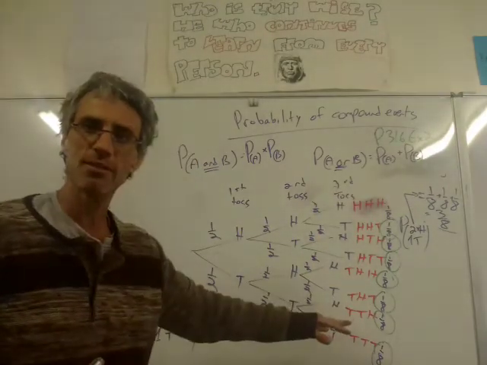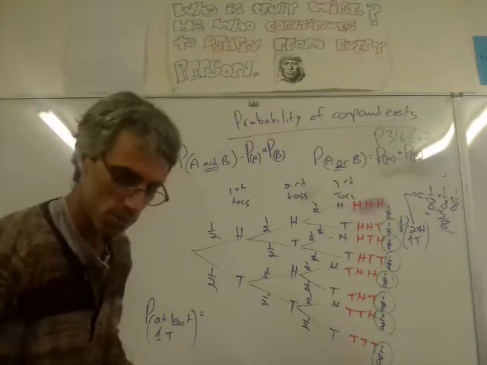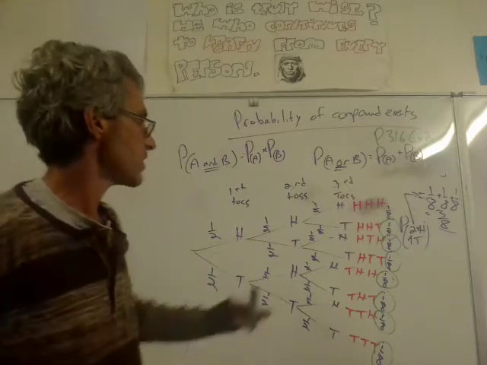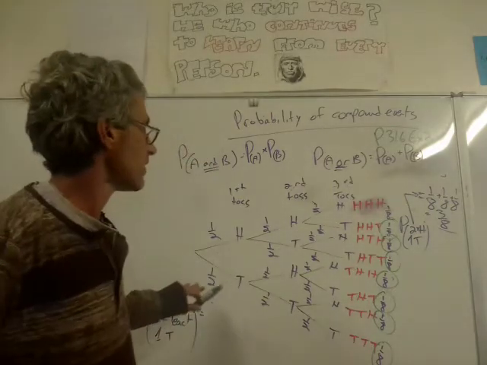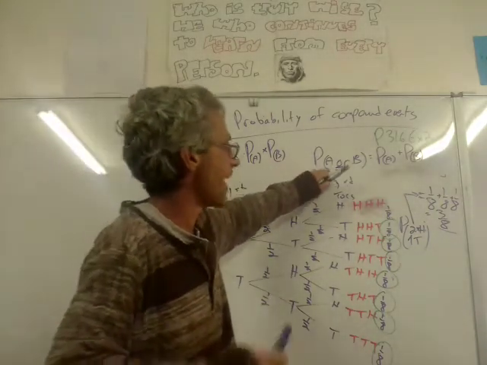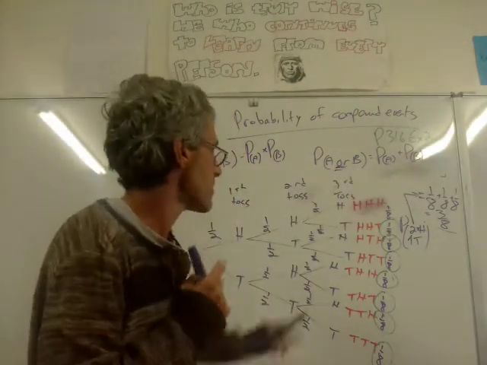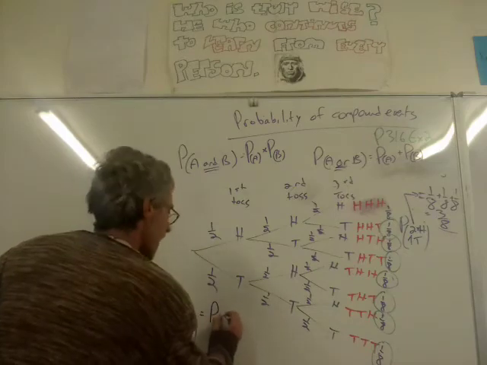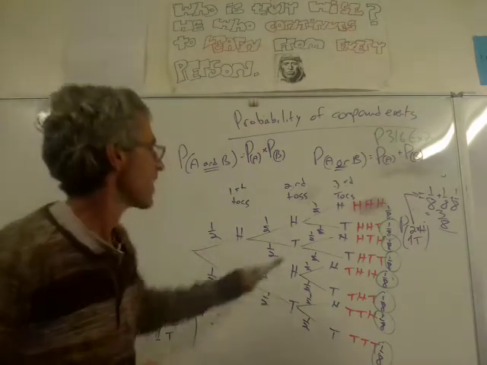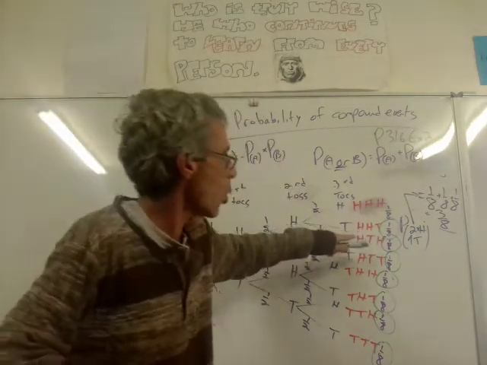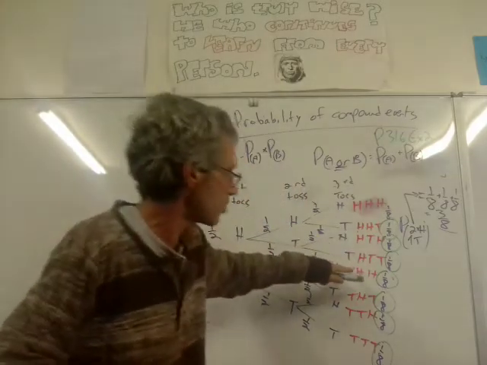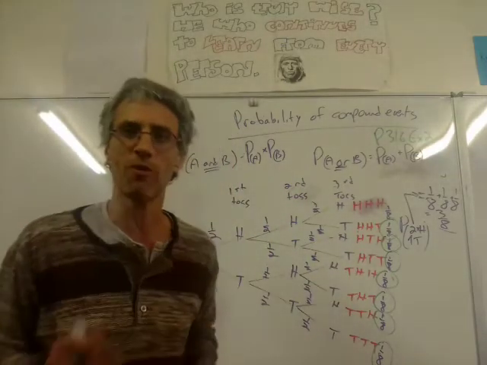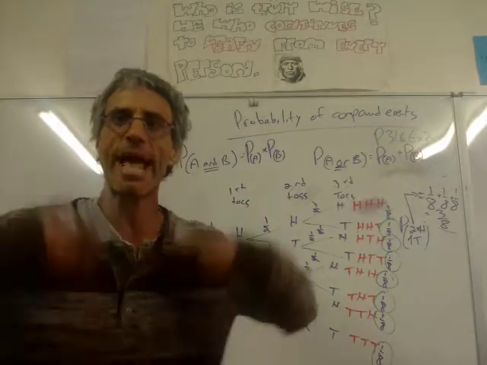So how many did I circle? I circled 7. So like Professor Pupik told us, if I'm calculating the probability of at least 1 tail, it's the probability that either that happened, or that happened, or that happened, or that happened, or that happened. For either one of these events to take place, I need to add.